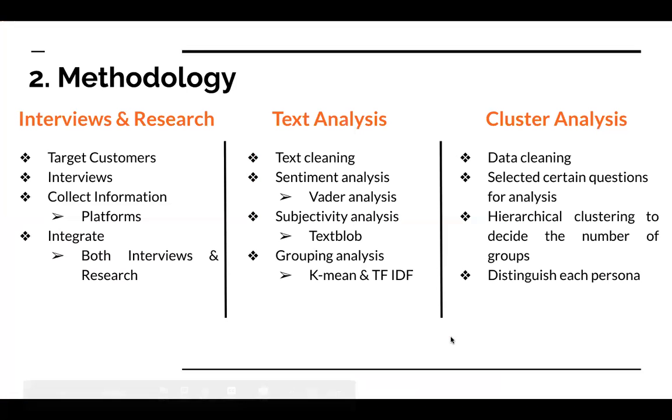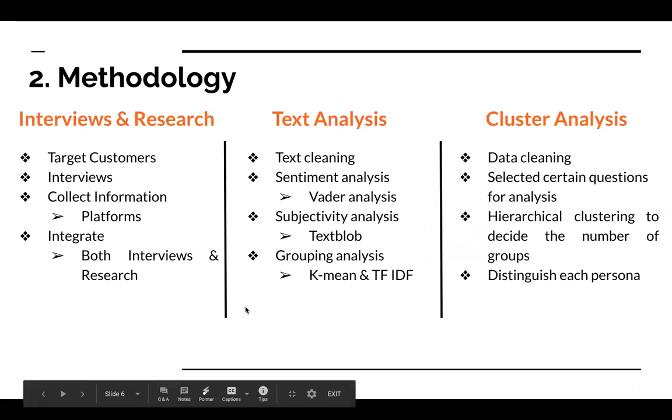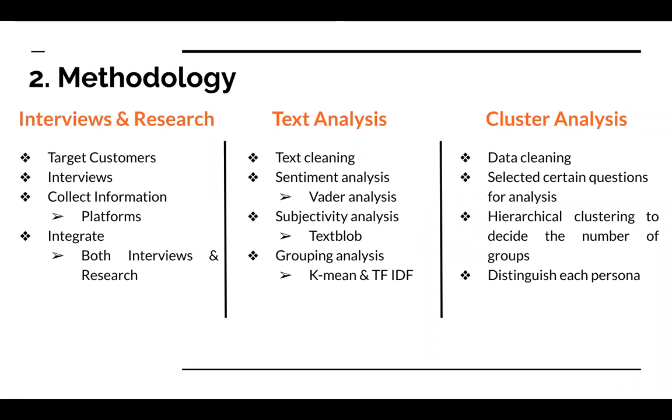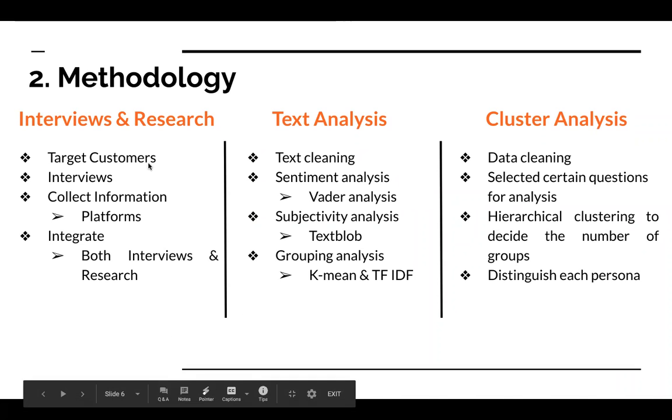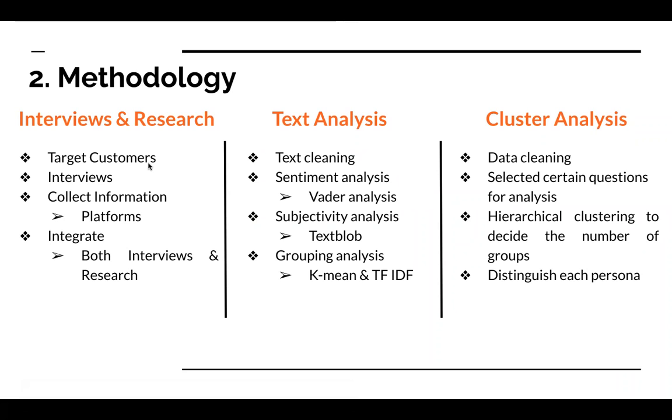Okay, thank you, Hao. As for our methodologies, we use 3 methods, which are interviews and research, text analysis, and cluster analysis. For the first method, interviews and research, we first decided the target customers, which are Tesla's current customers and potential customers. Based on this, we did some interviews and confirmed some basic attributes of Tesla, such as convenience and appearance.